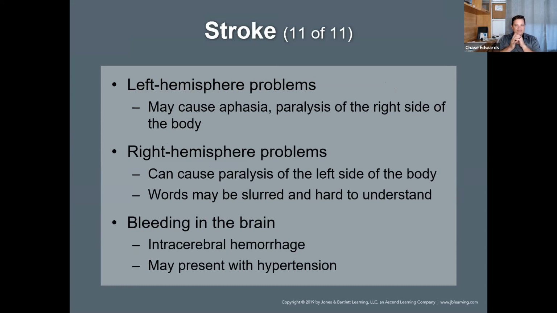All right. Left hemisphere problems. Stroke in the left cerebral hemisphere may cause aphasia. Aphasia is the inability to produce or understand any type of speech. Speech problems can vary widely. You also have what's called receptive aphasia.